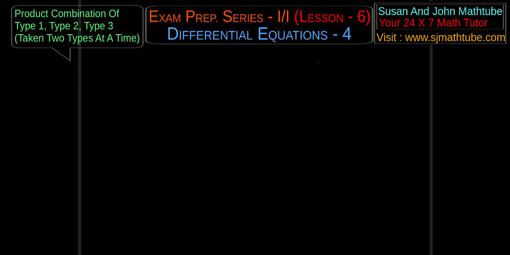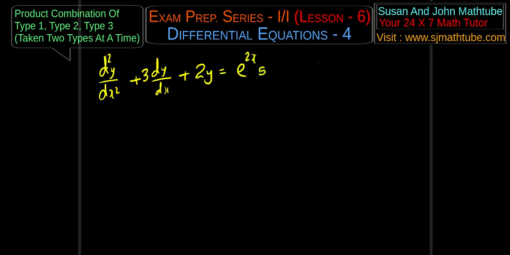Please note the first question. Solve the differential equation d square y by dx square plus 3 into dy by dx plus 2 times y equal to e power 2x into sine x. Let's call this type number 4.